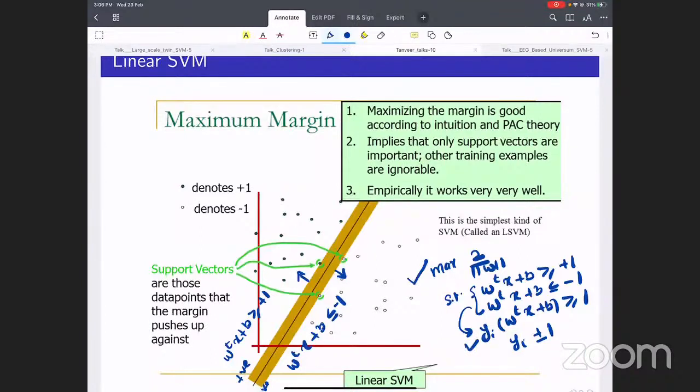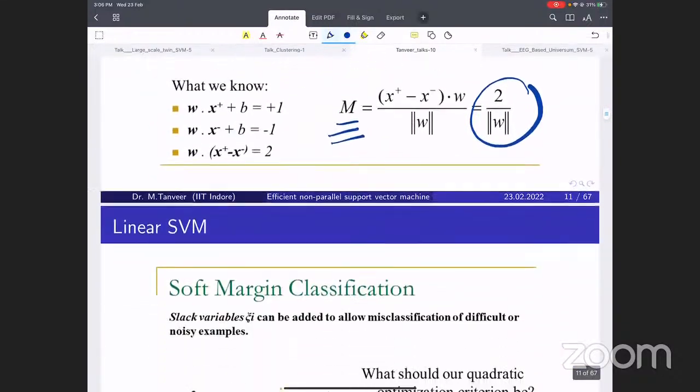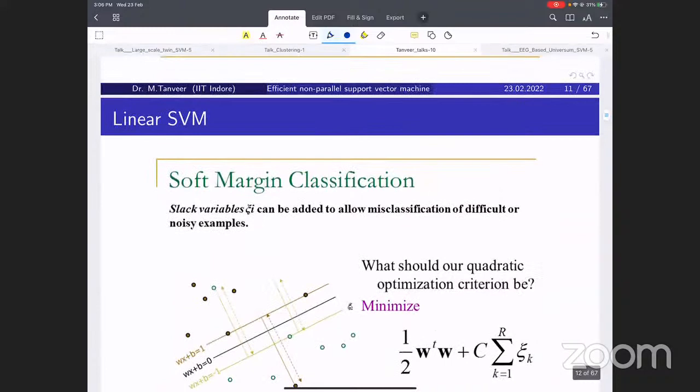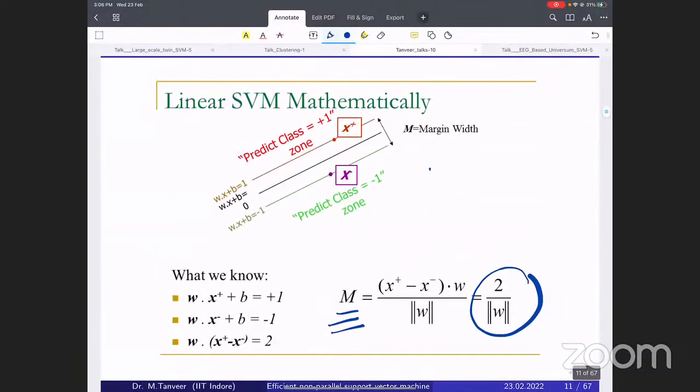Now to move ahead, if we maximize 2 upon norm of W, you can equivalently say that as soon as you are minimizing W, this whole term is maximized.